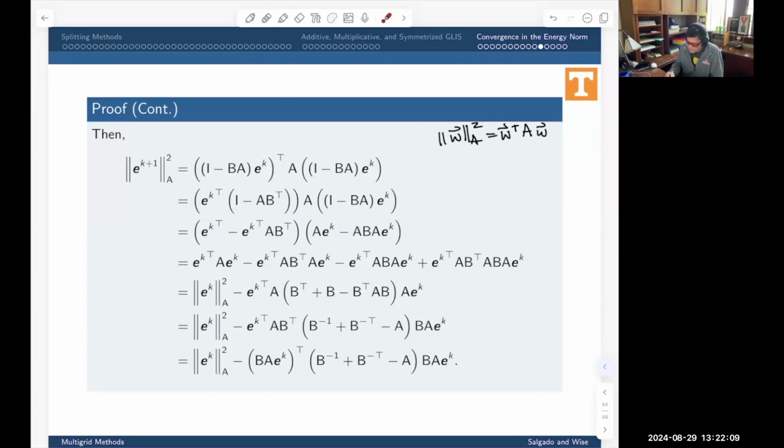I can pull out on this side a B transpose, and on this side a B. And if you do that, now we're going to use the assumption that B is invertible. What's left in the middle is B inverse plus B minus transpose minus A. Now, the way you can see that this is equal to each other is basically we're just trying to show that this is equal to this using 2 distributive properties, one from the left and one from the right.